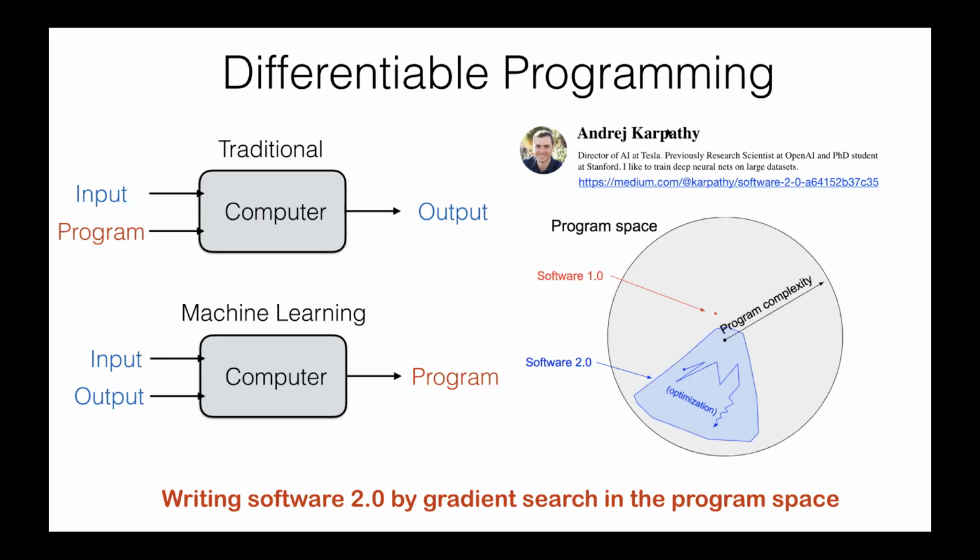So Andrej Karpathy, who is the director of AI at Tesla, wrote this quite influential blog post. He was pointing out that the traditional way was this tiny dot called software 1.0. We compose that line by line with lots of human input, whereas software 2.0 was more like specifying a search space in the program's space, and then using gradient descent to find that useful program for us.